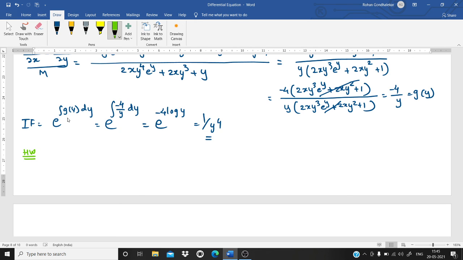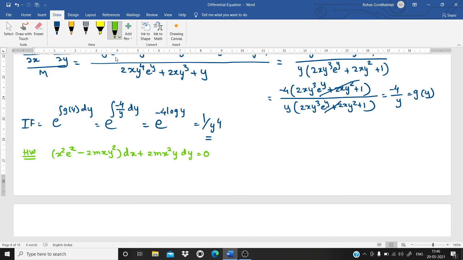homework question: x square into e raised to x minus 2m x square, 2m x y square dx plus 2m x square y dy equals 0.